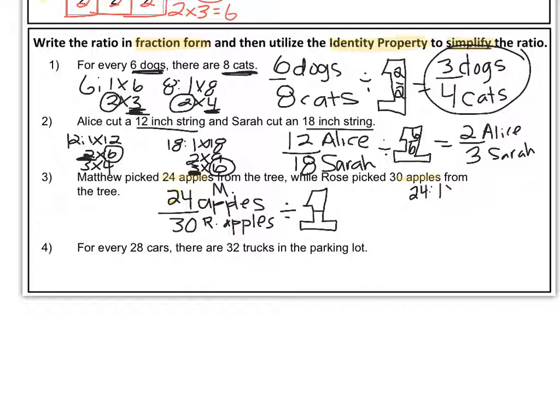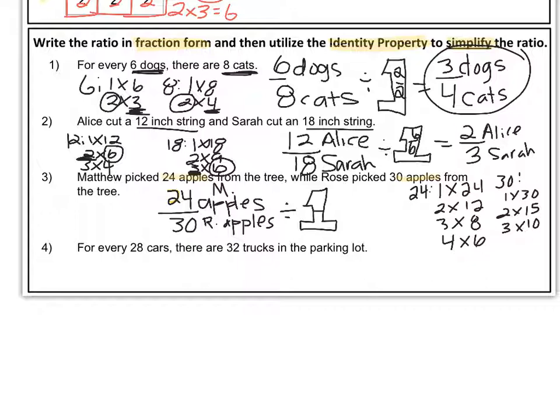We have 1 and 24, 2 and 12, 3 and 8, 4 and 6. Those are all of our factors of 24. We're ready to do the factors of 30 now. So the factors of 30, I have 1 and 30, 2 and 15, 3 and 10.